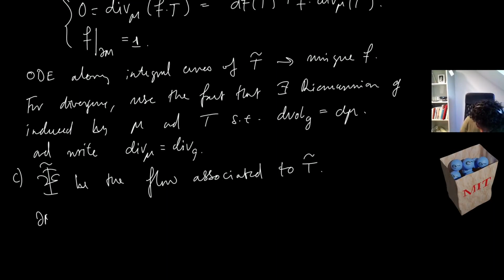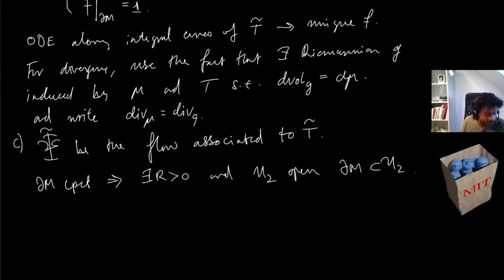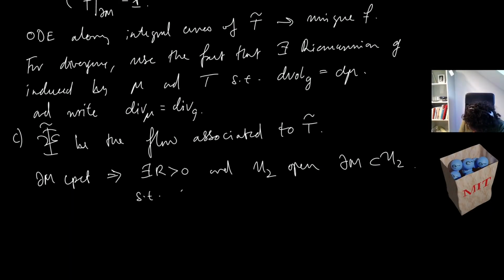So the fact that this is compact implies there exists this R positive and say U2 open with the boundary in U2 such that Z R maps to U2, which is TX mapping to, so this is now the flow, so I've called it the tilde.